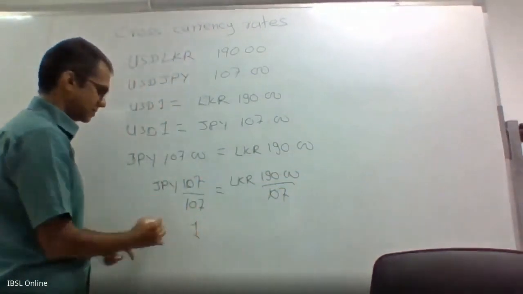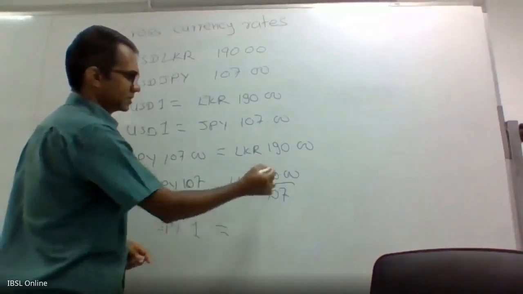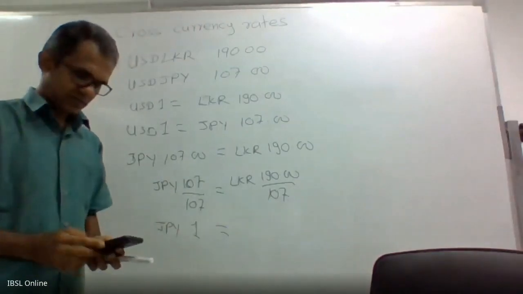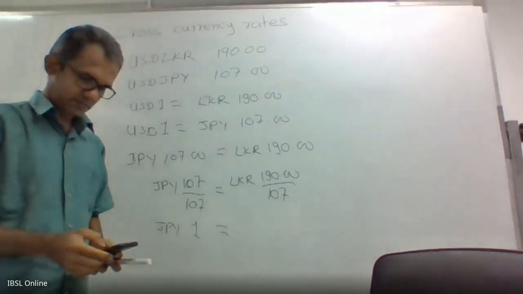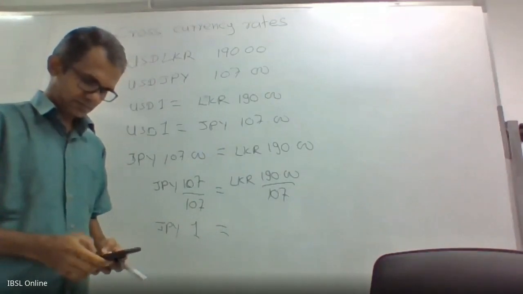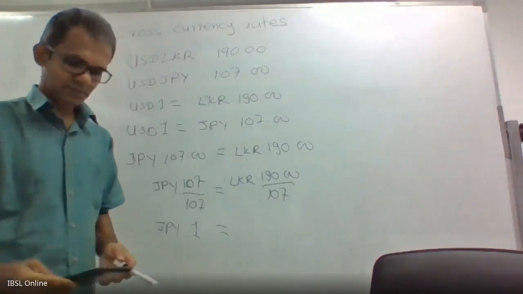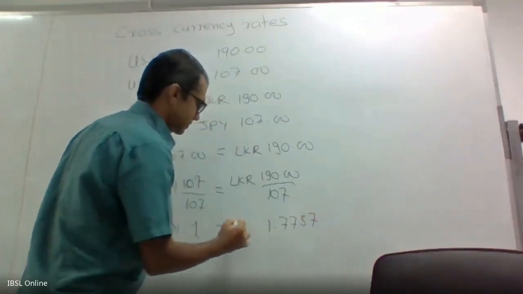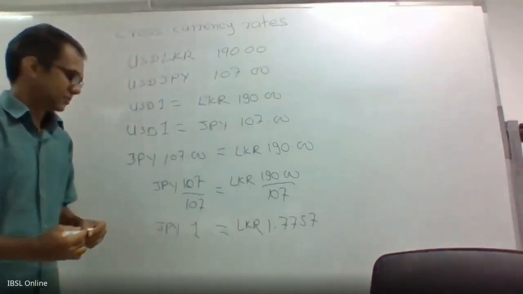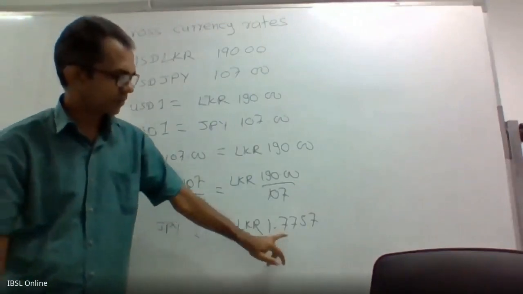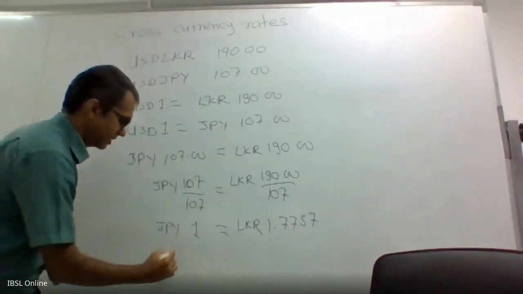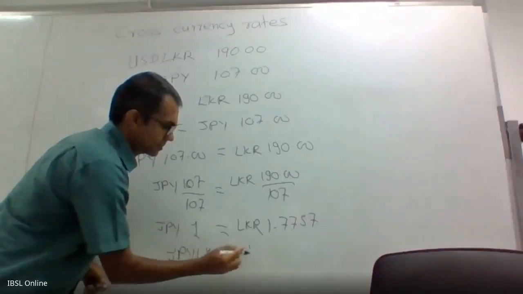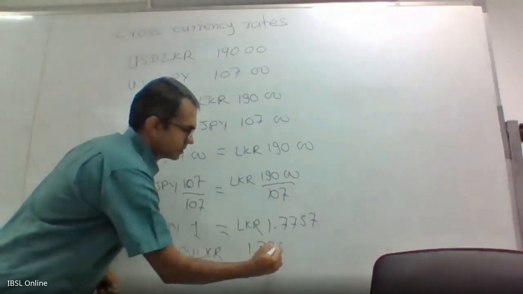Then we get 1 here. 1 JPY equals 190 divided by 107, which is 1.7757. The value of a yen in terms of rupees is 1.7757. So we write it as JPY LKR 1.7757.